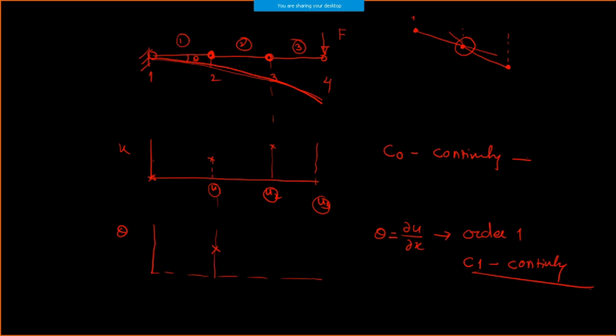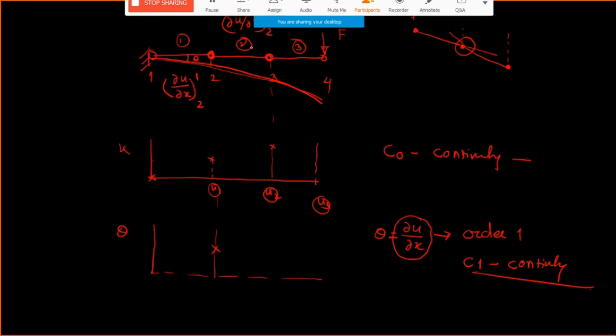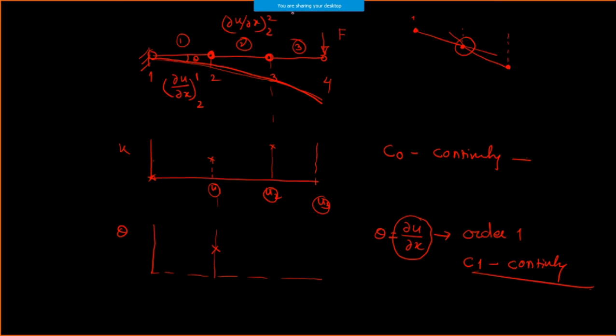Here you are going to match the du by dx of element number 1 at node number 2 with the du by dx of element number 2 at node number 2. Both are the same, and that's what is called a C1 type.